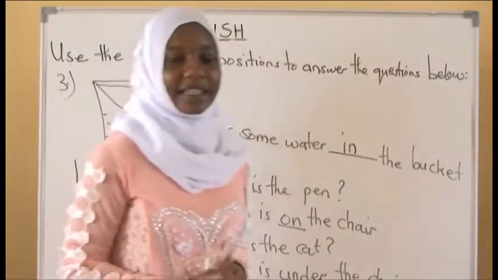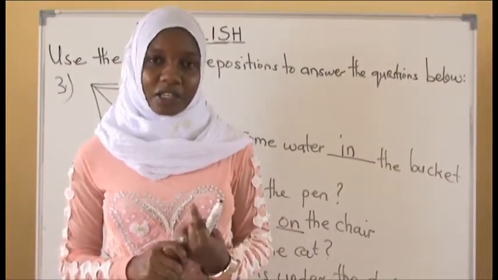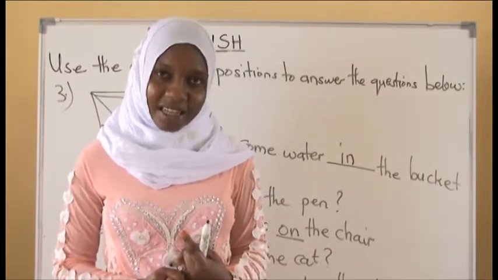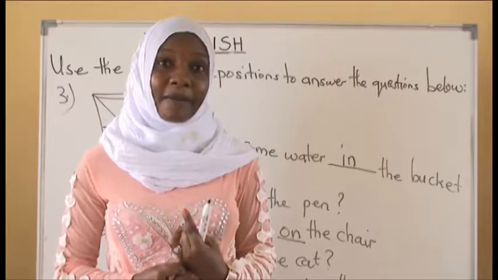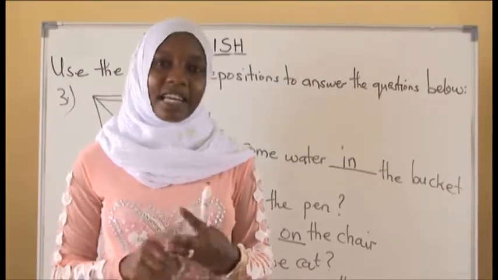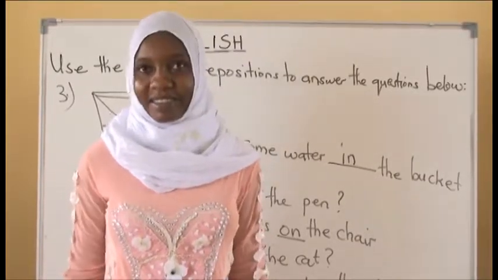But today, we are going to see 5 more prepositions which also express location. We are going to see the preposition called between, near, in front of, behind, and over.